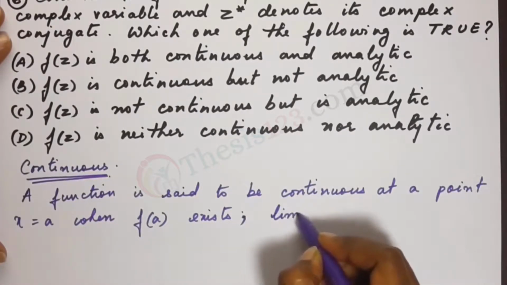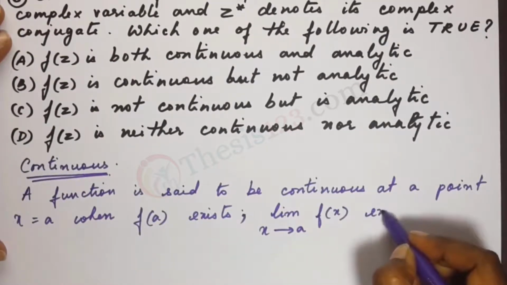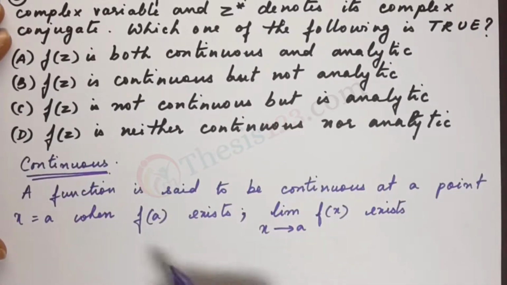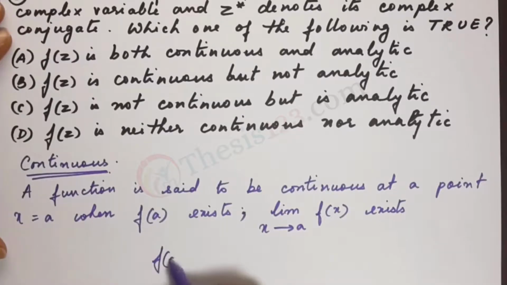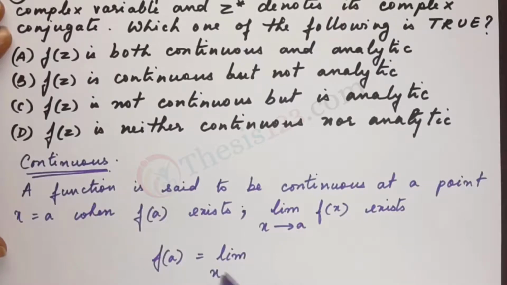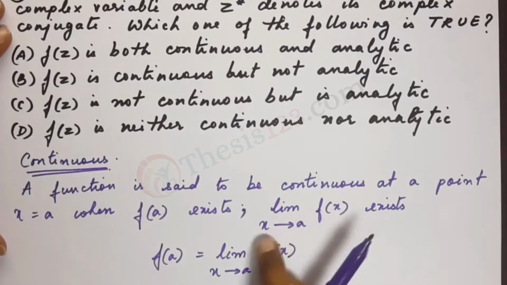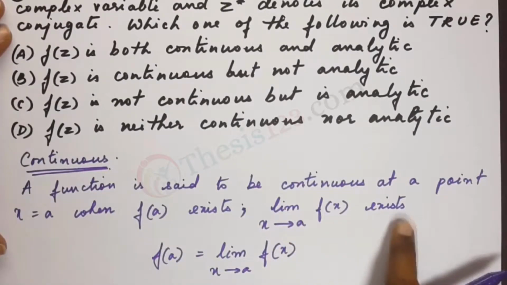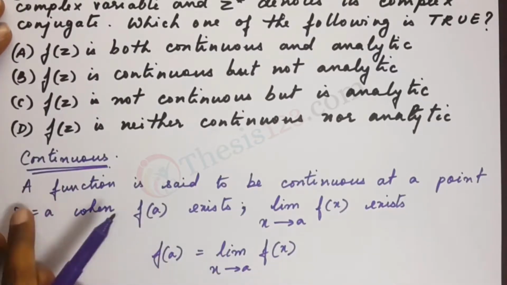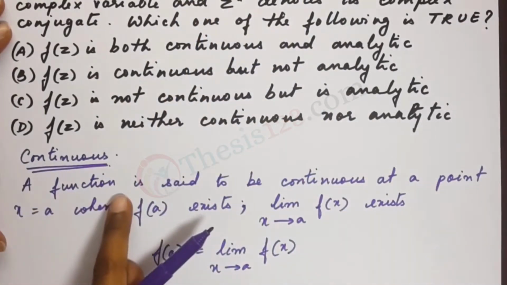Then, limit x tends to a, f of x exists. Now these are the two basic conditions. We also have a third condition which says that f of a should be equal to limit x tends to a, f of x. Generally, if limit x tends to a, f of x exists, then f of a would equal the limit of x tends to a, f of x. So if these conditions are fulfilled, then the function is known to be continuous.